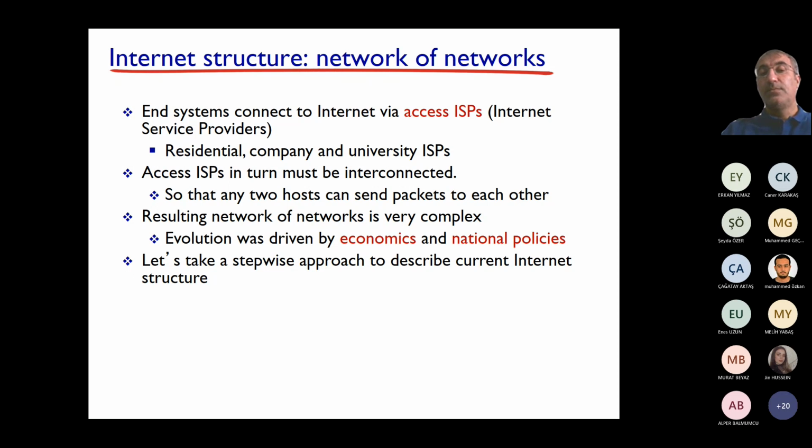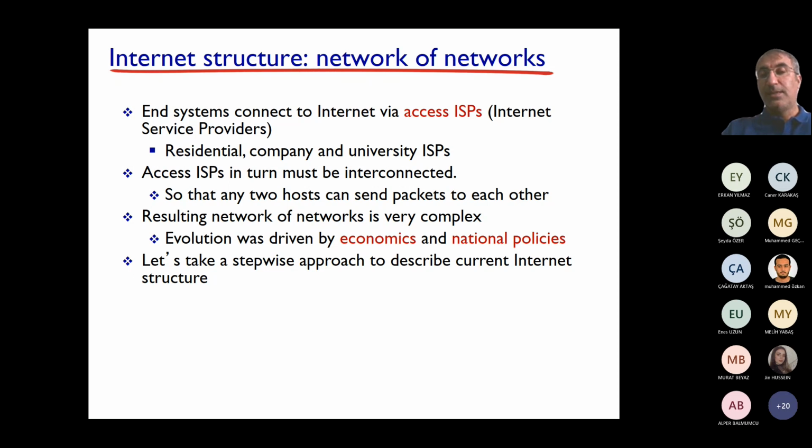The resulting network is very complex. We are talking about millions, now billions of devices that are connected. It's a complex structure, and the evolution of the internet is driven by economics as well as national policies.